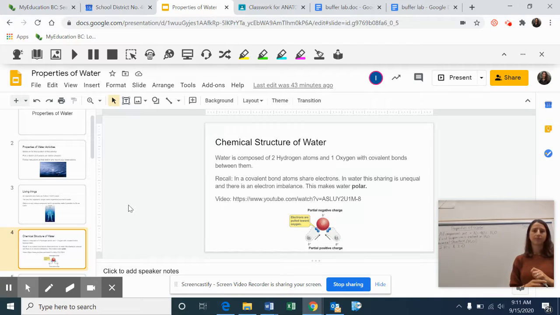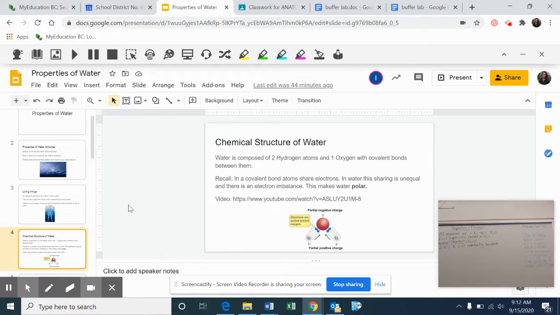Awesome. So covalently bonded. And in a covalent bond, atoms share electrons. So they're not transferring like in an ionic bond, they're being shared.